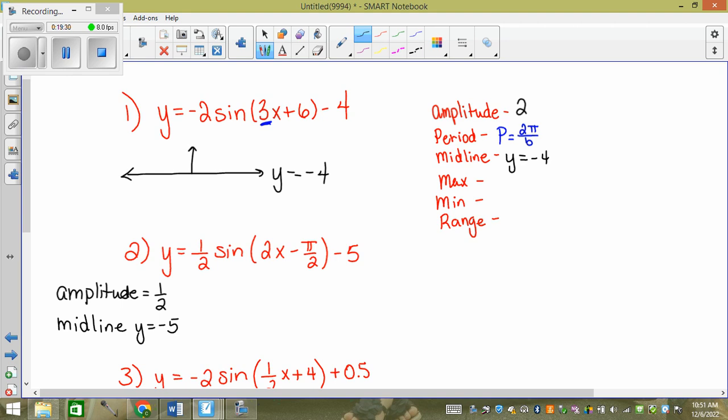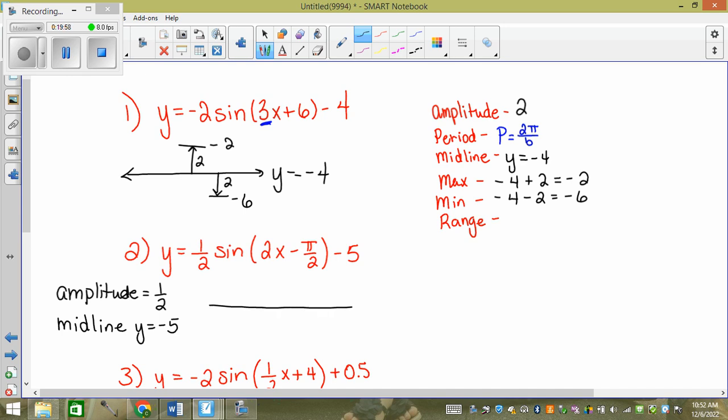I go up 2 and down 2. So my maximum is at -2 and my minimum is at -6. If I take my D, which is -4, and add my amplitude, I get my maximum. If I subtract, I get my minimum. You have to start off with the D.